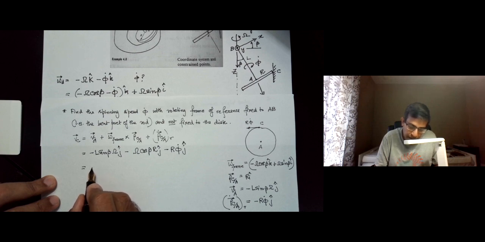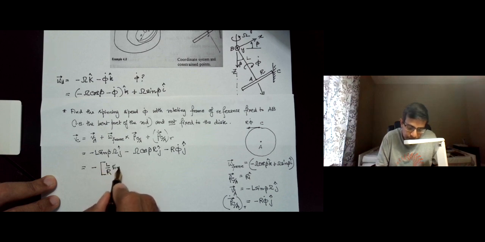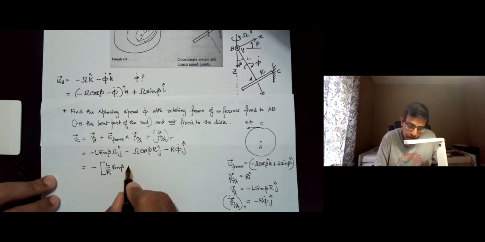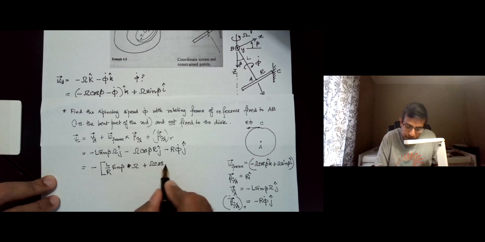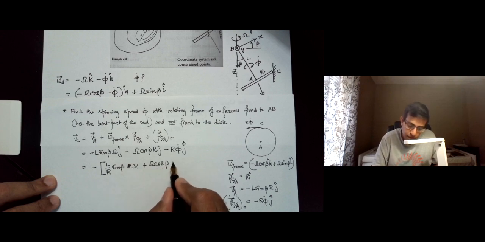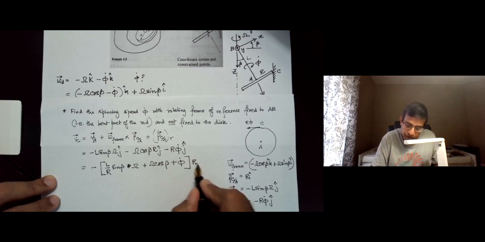So if we combine these, we will have negative L over R sine beta times omega, plus omega cosine beta, plus phi dot, capital R times j.